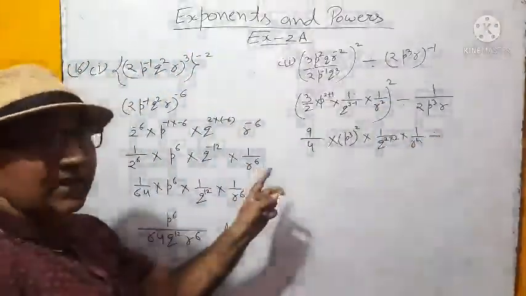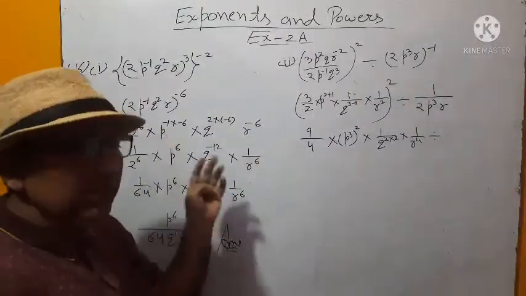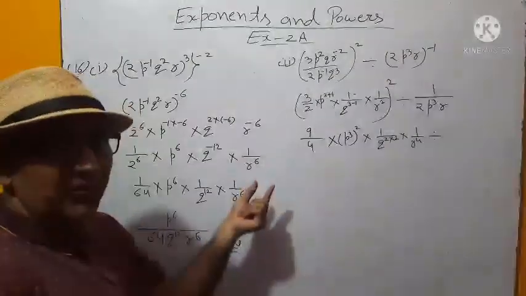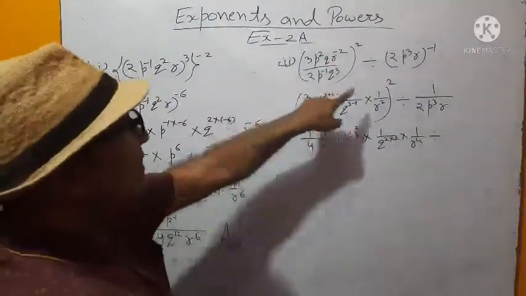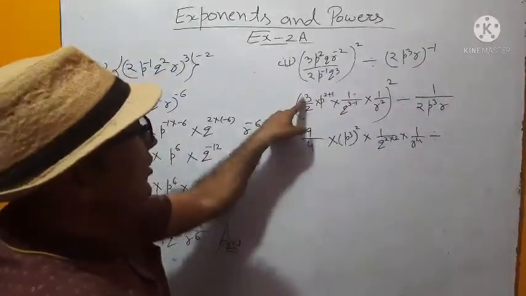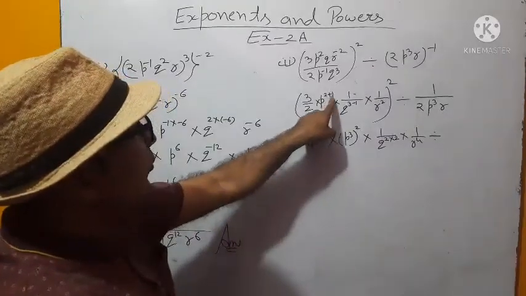Any confusion here? I have done some steps directly because we have done many questions. So calculation steps I hope we have understood. But this power 2 will be carried to all the terms. 3 square 9. 2 square 4. This is 2 plus 1 is 3.